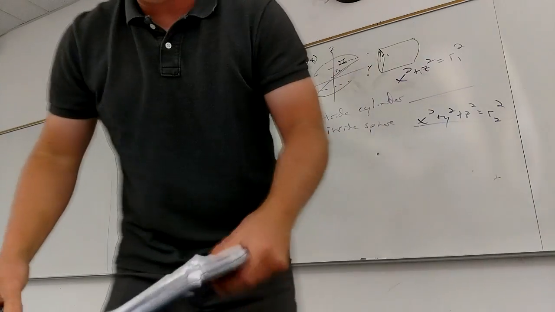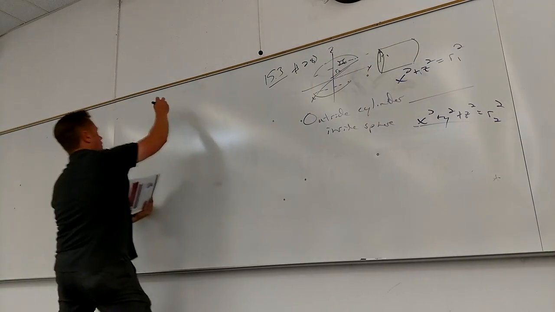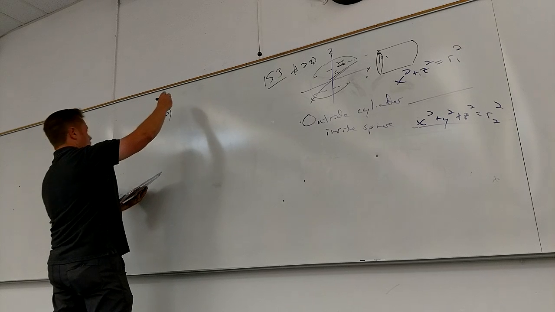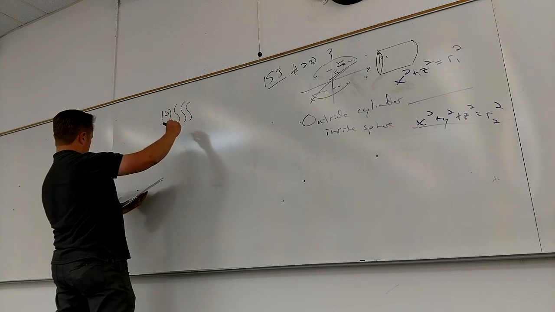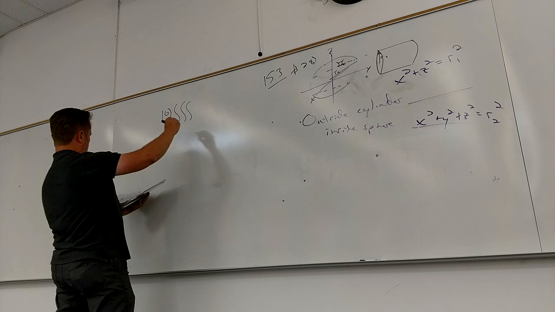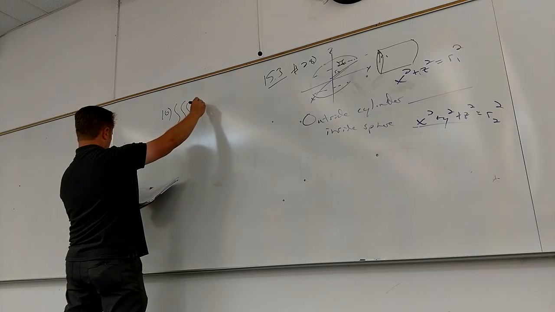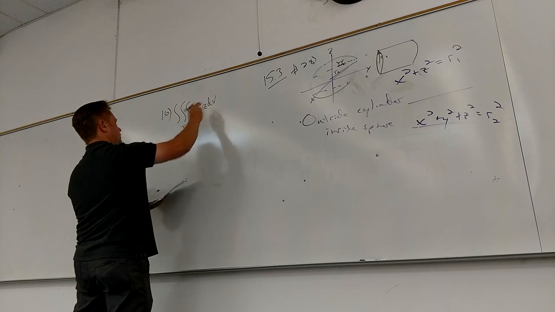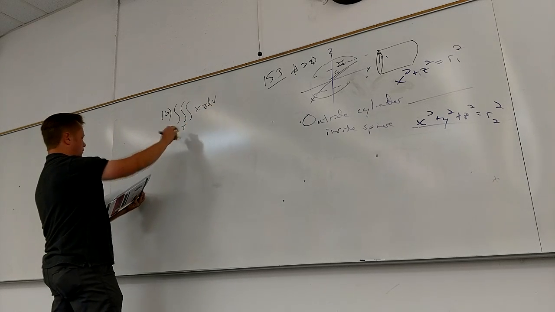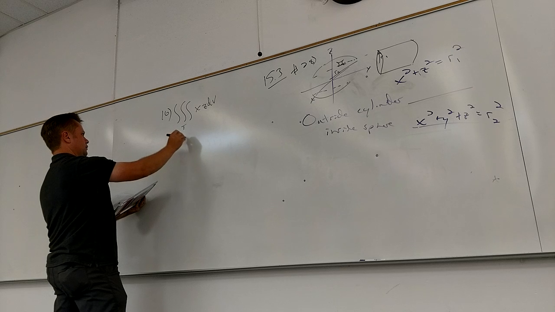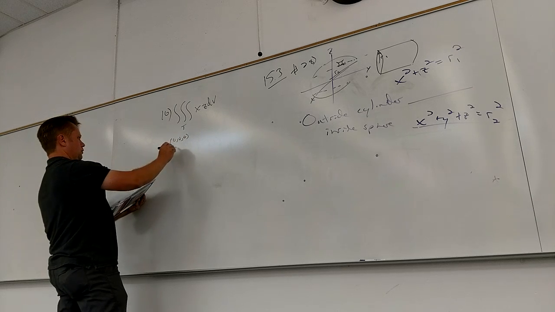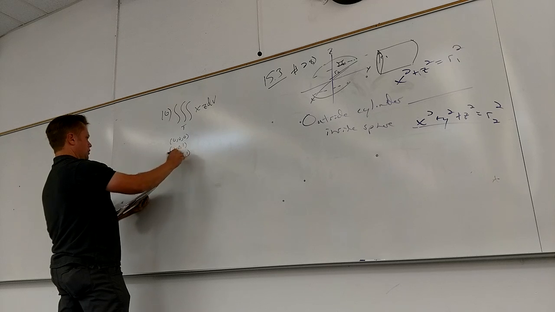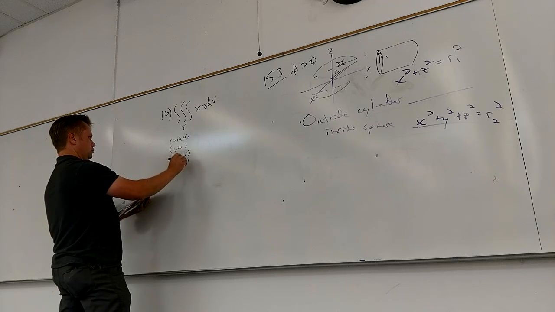Number 16 gives you this here. I tell you, this region is the tetrahedron with vertices 0, 0, 0, 1, 0, 1, 0, 1, 1, 0, 0, 1.